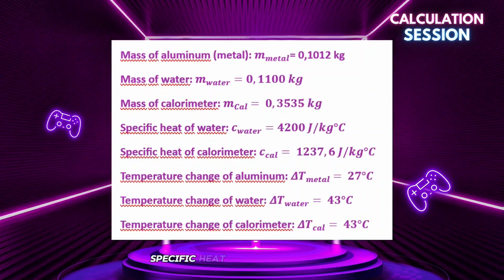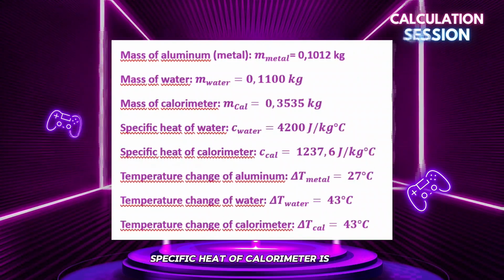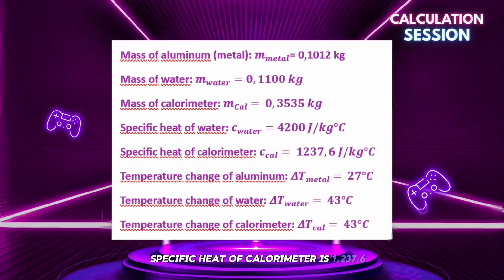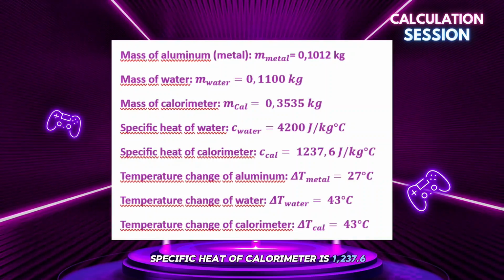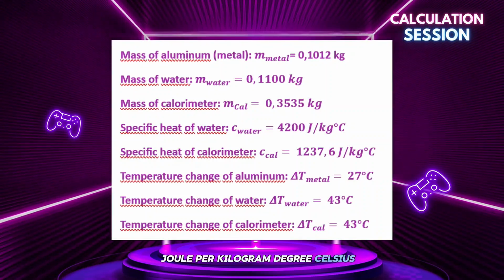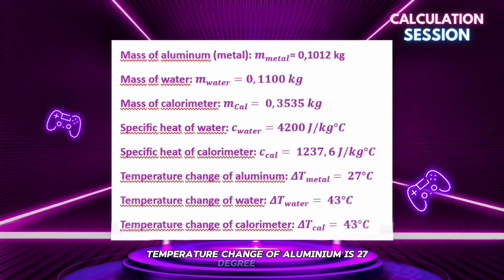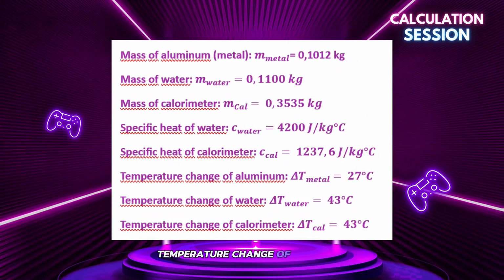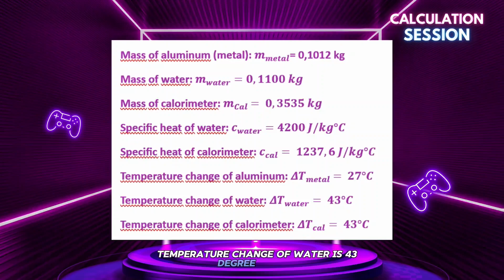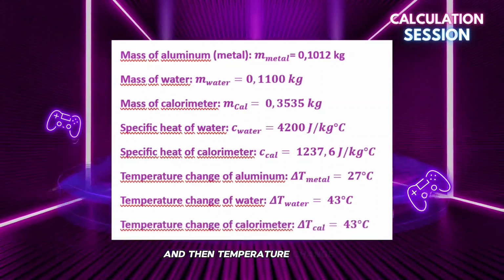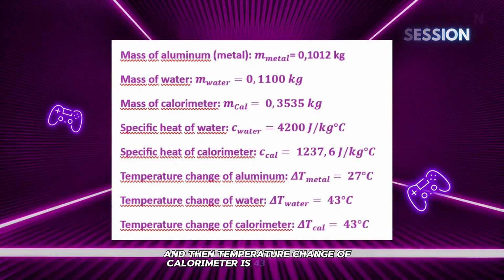Specific heat of calorimeter is 1237.6 joule per kilogram degree Celsius. Temperature change of aluminum is 27 degrees Celsius. Temperature change of water is 43 degrees Celsius, and then temperature change of calorimeter is 43 degrees Celsius.